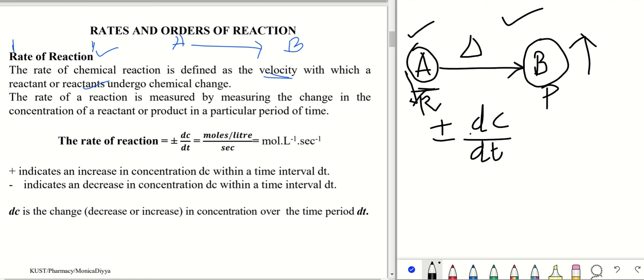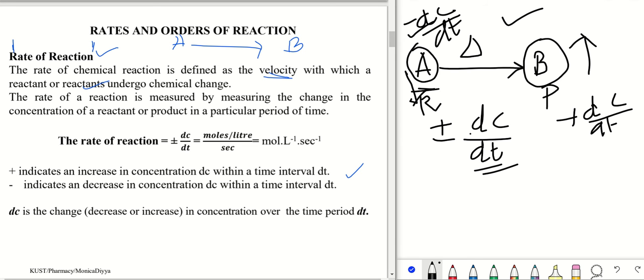Minus indicates decreased concentration and plus indicates increased concentration. So when we look into this particular reaction, it is minus dC by dt for the reactant, and if we are considering the concentration of the product, of course it will be a positive sign, plus dC by dt. Minus indicates a decrease in the concentration, and plus indicates an increase in the concentration with respect to the time interval.